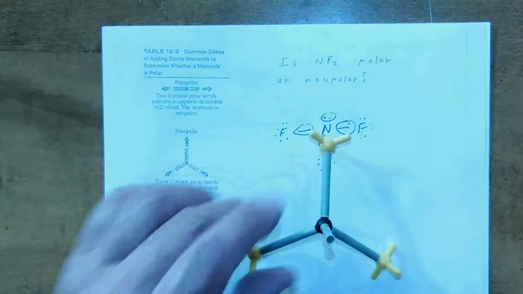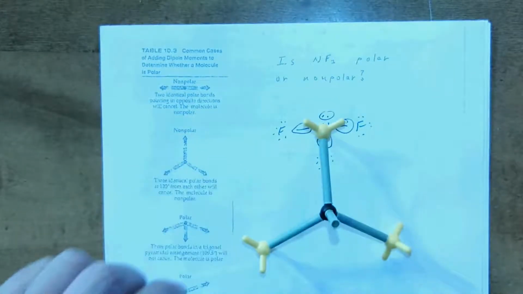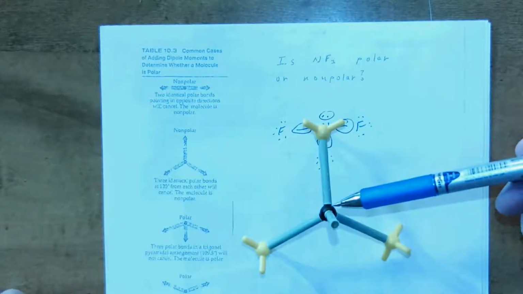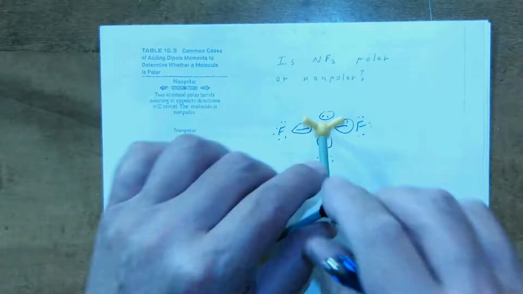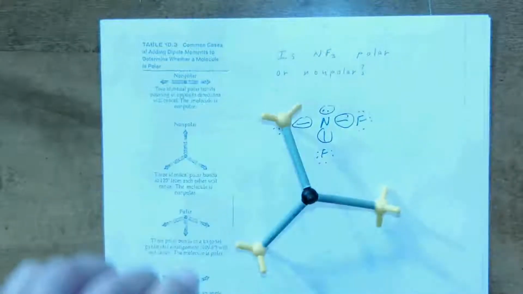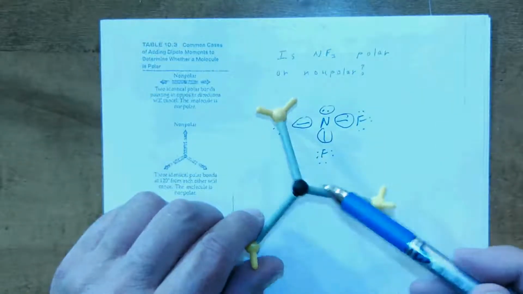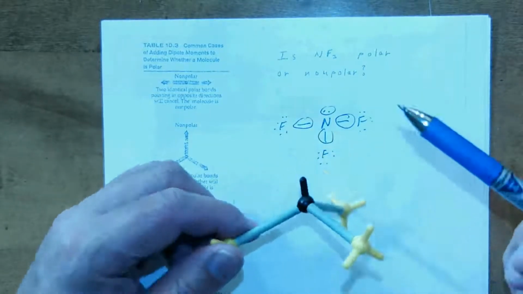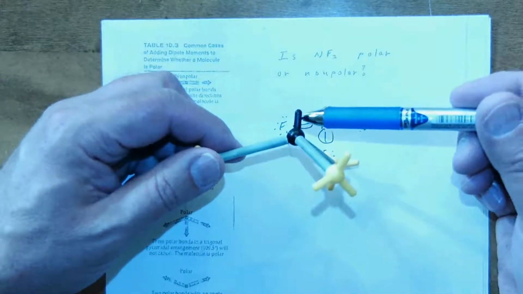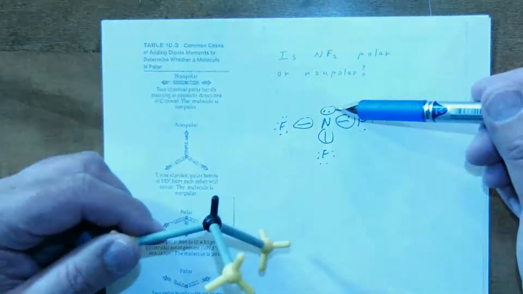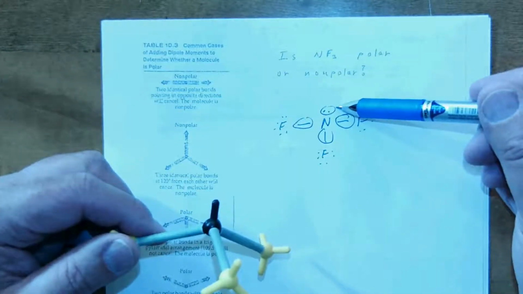In this particular model, we'll pretend that this is the nitrogen. These are my 3 fluorines, and that little nub there is my dot dot. That's my lone pair.